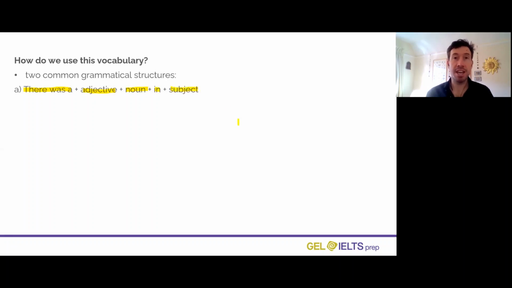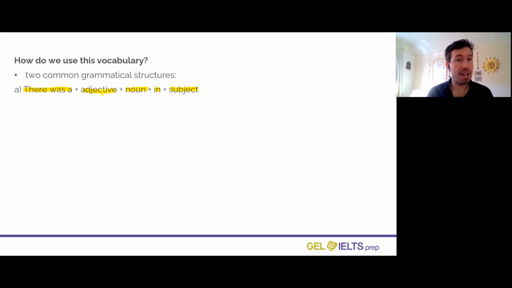Now, the subject is whatever the graph is talking about. So if the graph is talking about the number of drivers, then the subject would be the number of drivers. If the graph is talking about the amount of oil in a country, then the subject would be the amount of oil in a country.